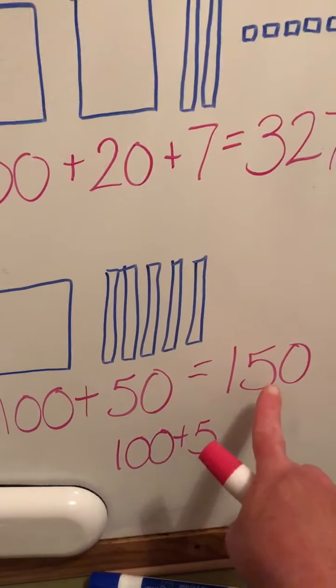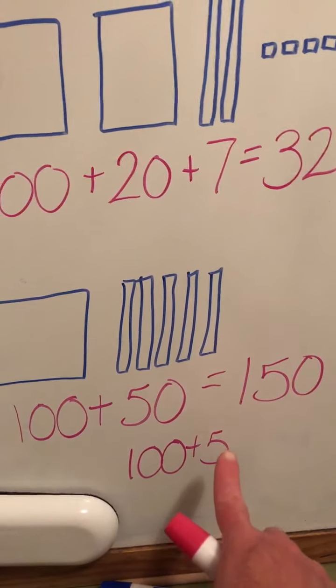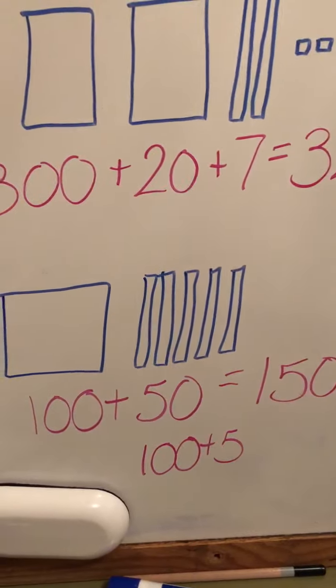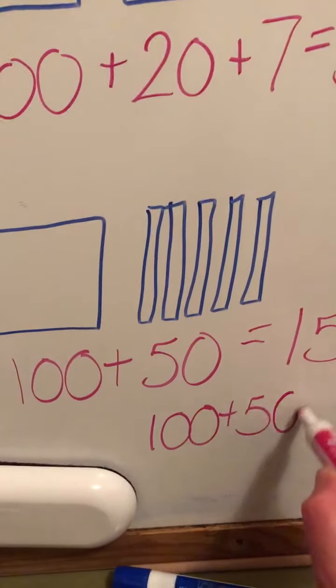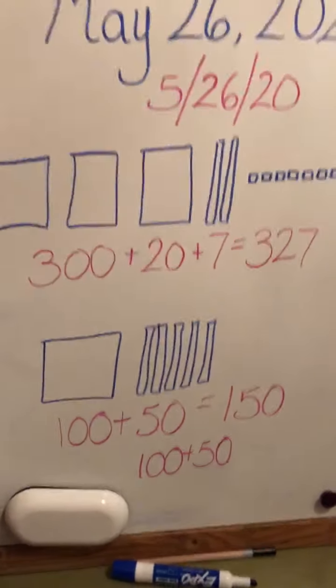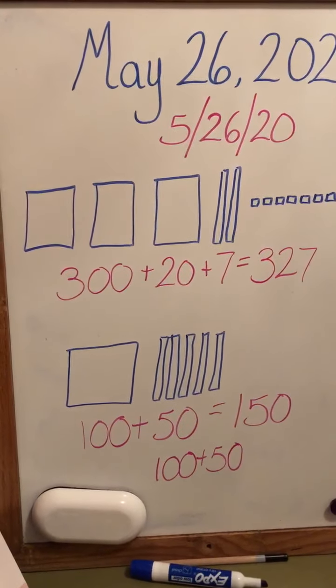That isn't what you hear when you say 150, right? So be careful that we're not just asking for the number of 10 sticks, but what does that equal? What do they represent? They represent 50, right? Okay, good job. So this is how we do expanded form.